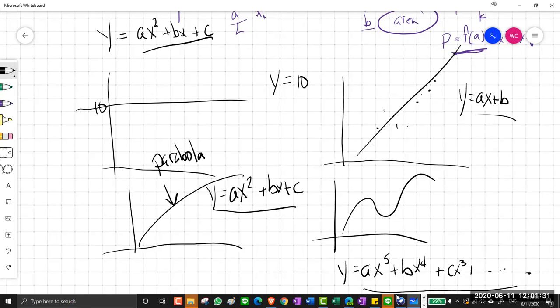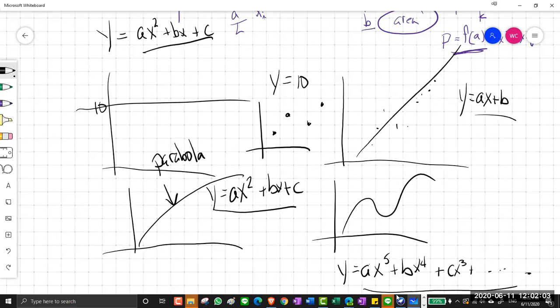Now, the more complicated the model, the harder it is to work with it in some ways, but maybe the more accurate it is, right? Suppose I had this data. If I have to fit a straight line, I'm not going to be able to touch all of those points, right? But if I use a parabola, I might be able to touch more of the points.